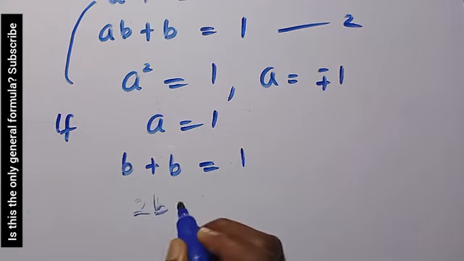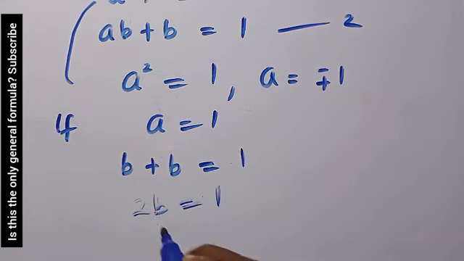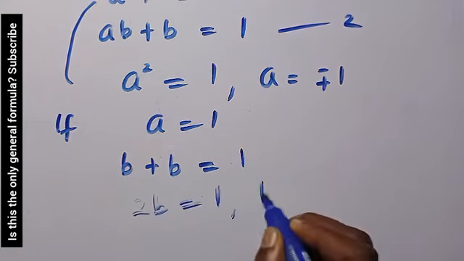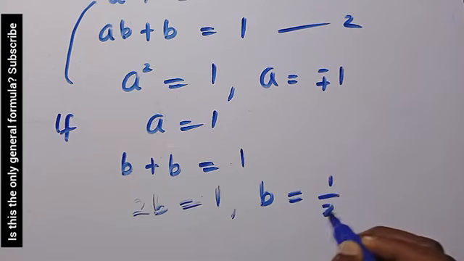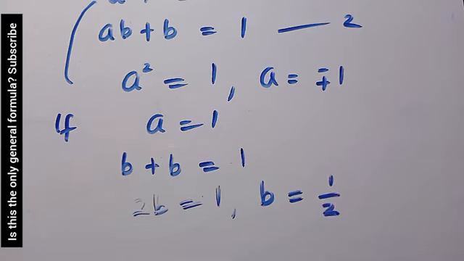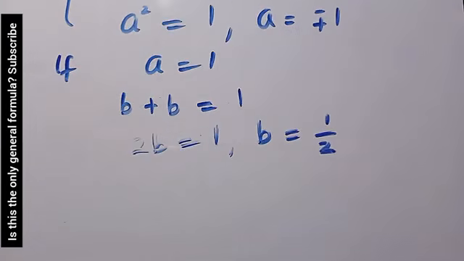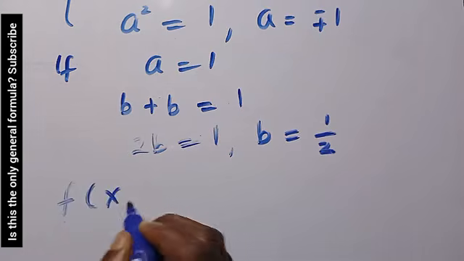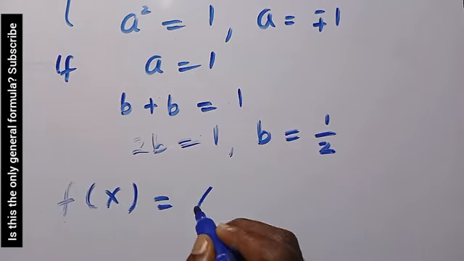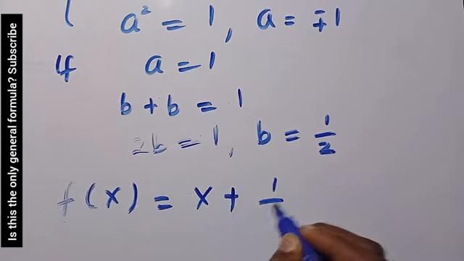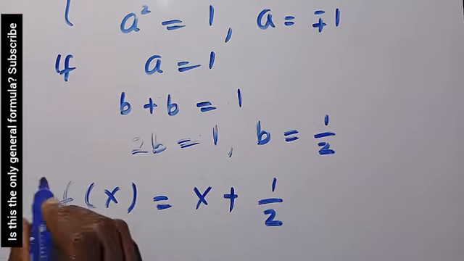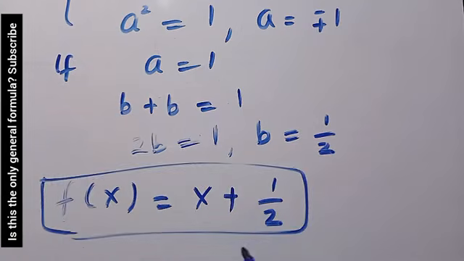So we have 2b equals 1. Dividing both sides by 2, our b equals 1 over 2. Recalling f of x, we have f of x equals, a is 1, that is x plus, and b is 1 divided by 2. This is what we got already from the first method.